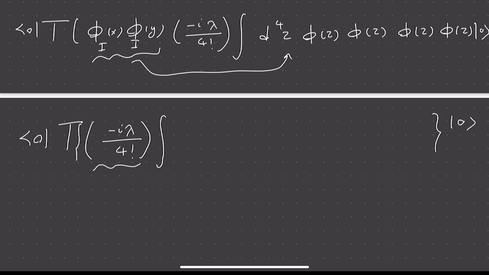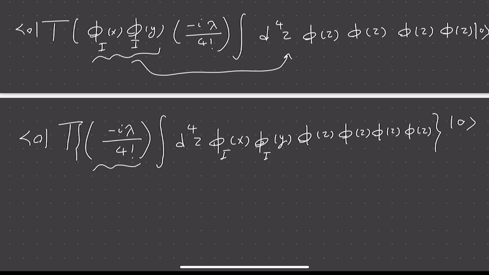Now maybe I can write down d4z as dt and d3z. Maybe this can be a notation. But at this point, I'm just going to leave it. Maybe I'm going to say d4z, right? Phi x, phi y, phi z, phi z, phi z, phi z. Okay? And now all of these fields are basically free.